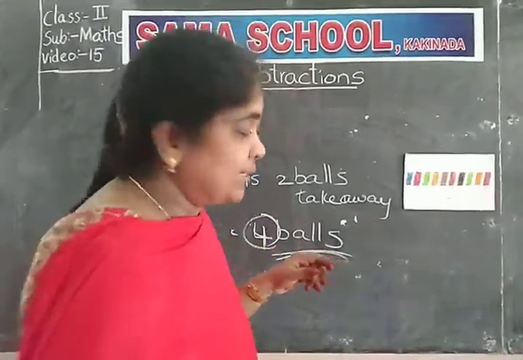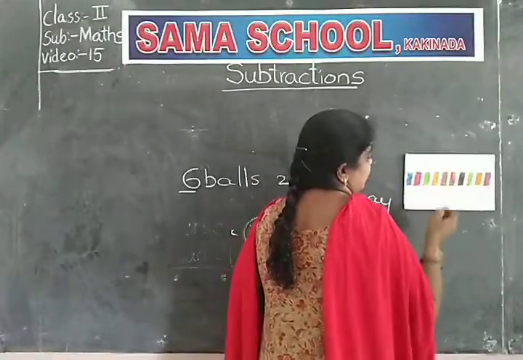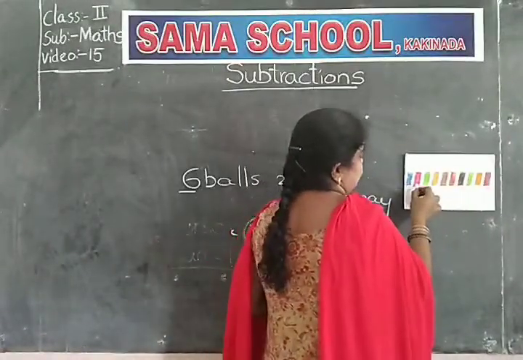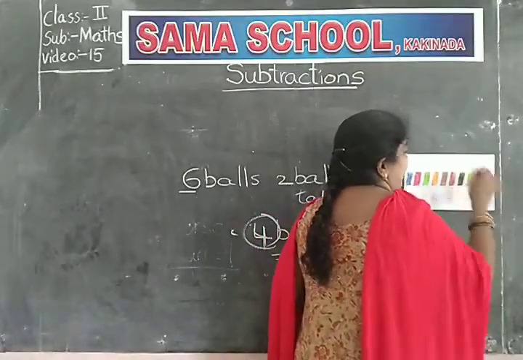And see one more example here. Now count how many crayons or color pencils are here. 1, 2, 3, 4, 5, 6, 7, 8, 9 and 10.